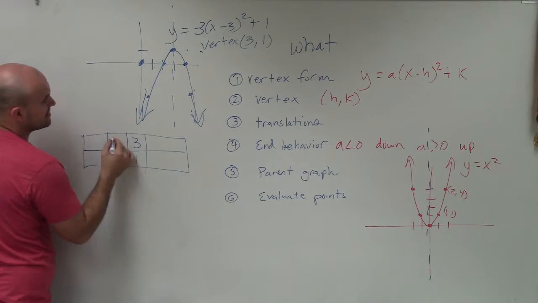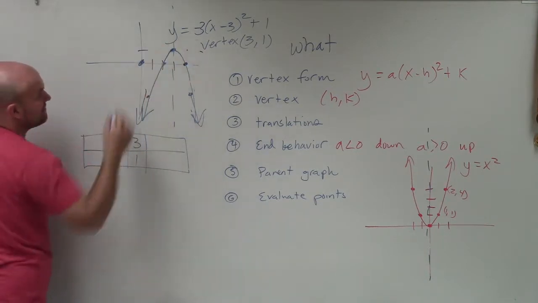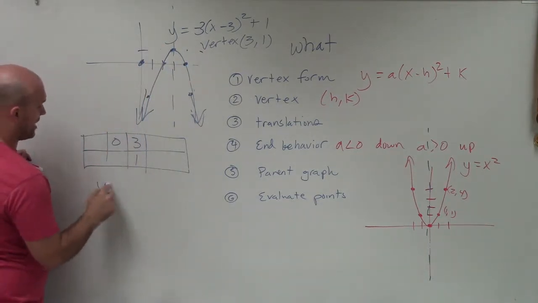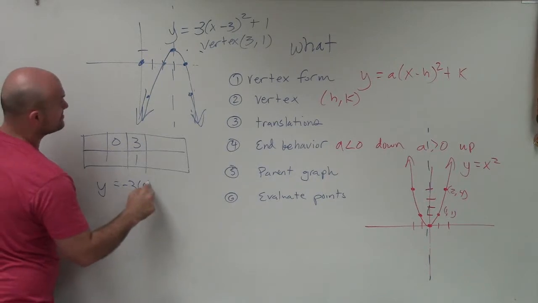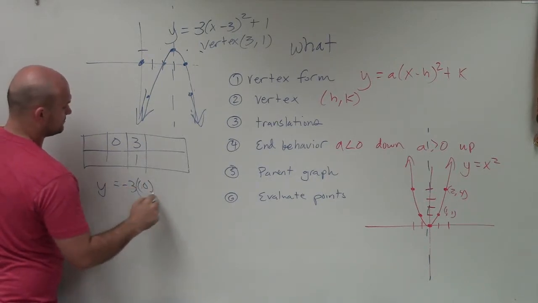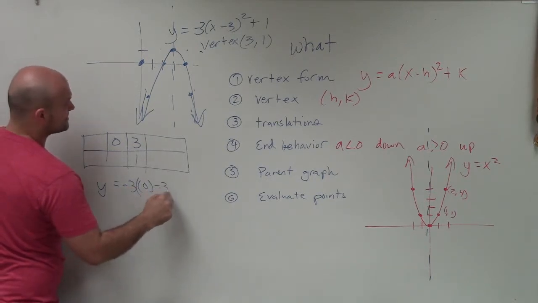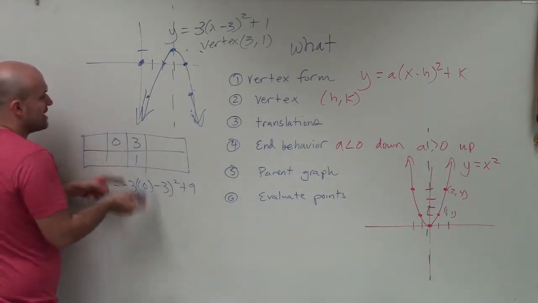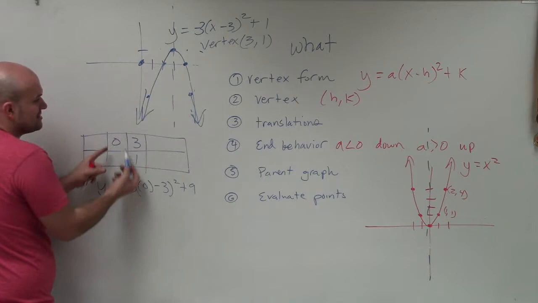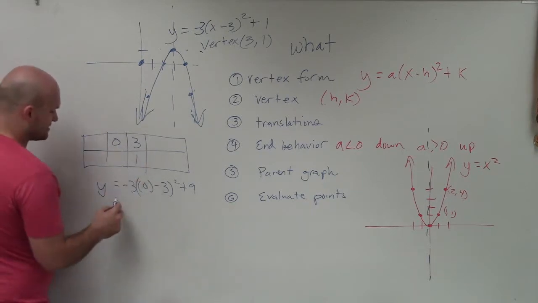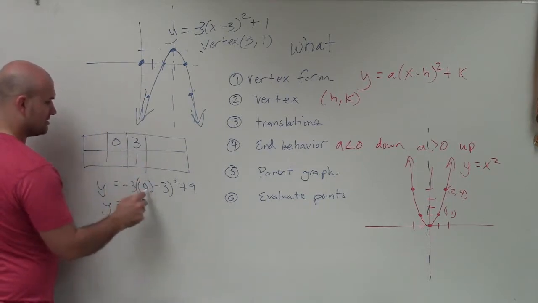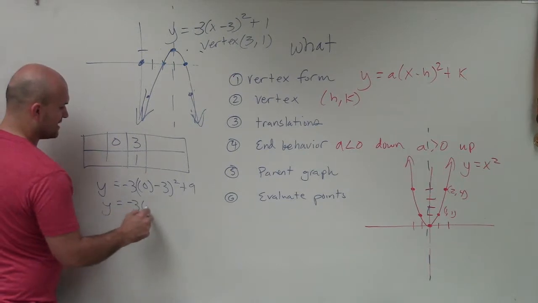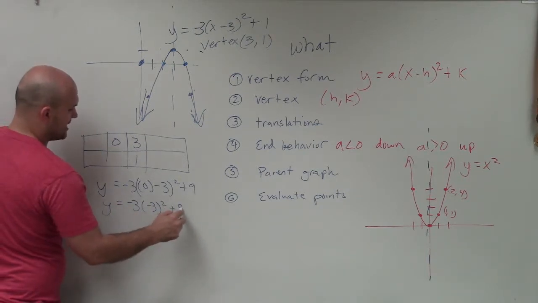So let's pick 0, right? So if I wanted to evaluate for 0, I'd have y equals -3 times 0 minus 3 squared plus 9. So when I'm saying evaluate, I'm saying pick points either to the left or right of the axis of symmetry and plug them in for x. So I have y equals negative 3 times negative 3 squared plus 9.